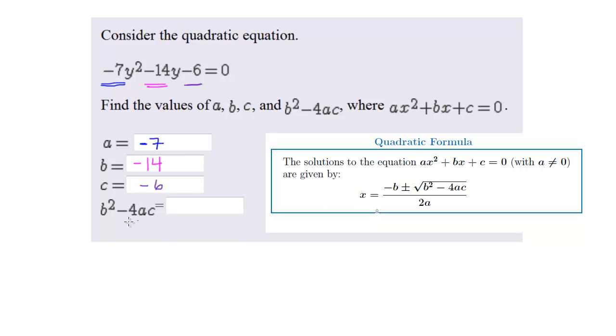The last step then that we are being asked to do is to find the value b squared minus 4ac. To do that, we simply take the values that we've obtained and plug them into this expression.